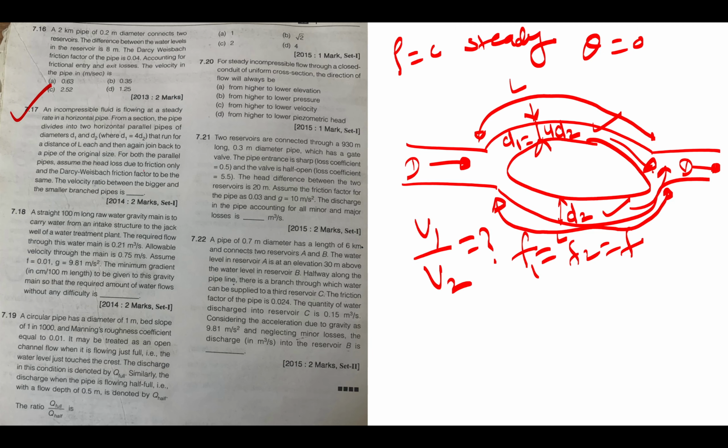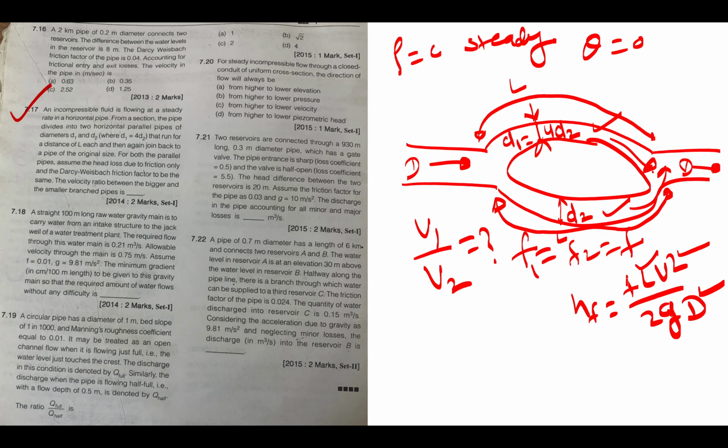Then how can we assume the head loss will be the same in both? Yes, the length is L. But here the diameter is different, because HF depends on F L V square by 2 g D. It depends on diameter, discharge and length.